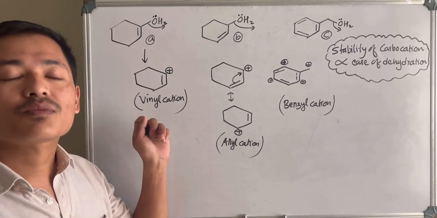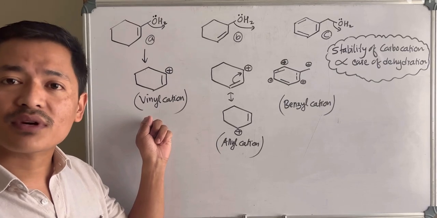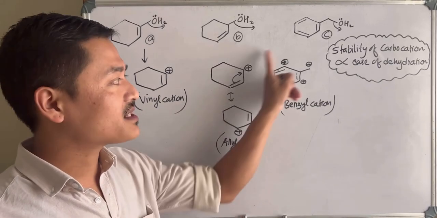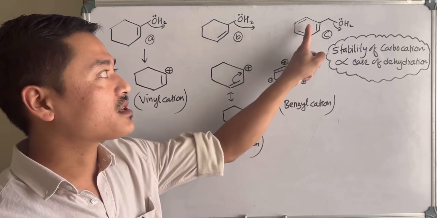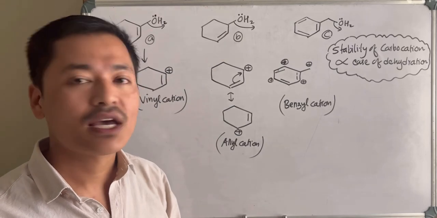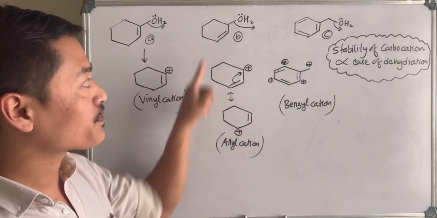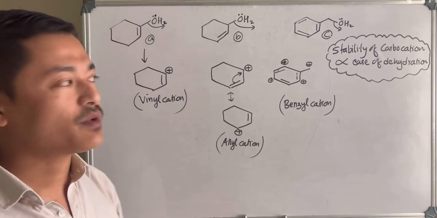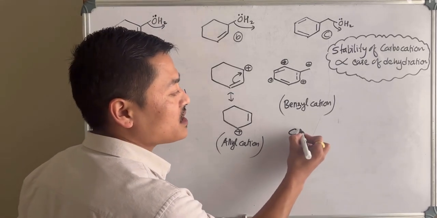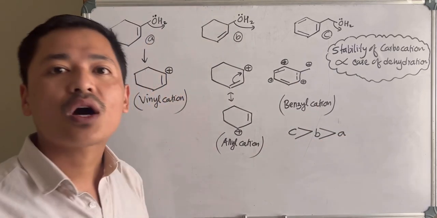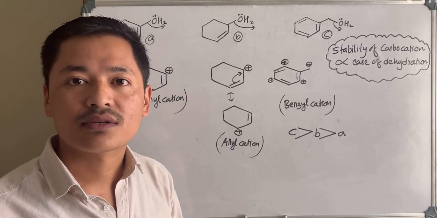Vinyl cations are among the most unstable carbocations. Since the benzyl cation is the most stable, the corresponding alcohol will be the most easily dehydrated. The second one is the allyl alcohol, and after that is the vinyl alcohol. That is why the ease of dehydration will be C greater than B, and after that A. So this is how you must answer it.